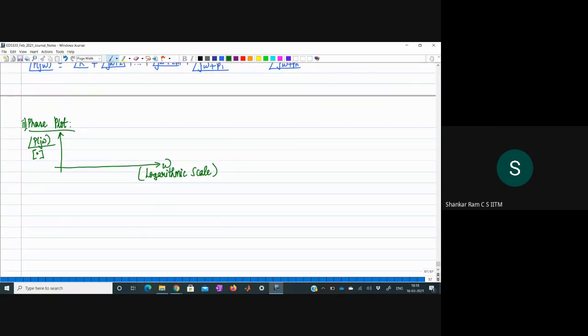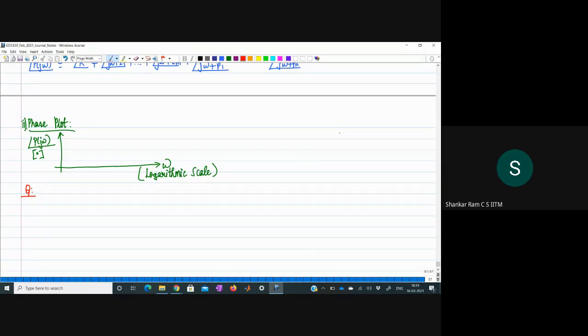Now that we have looked at the two subplots involved in the Bode plot, namely the magnitude plot and the phase plot, the question that we ask ourselves is the following. We have immediately seen that one of the important advantages is that we can break down the Bode plot as a product of certain fundamental building blocks.